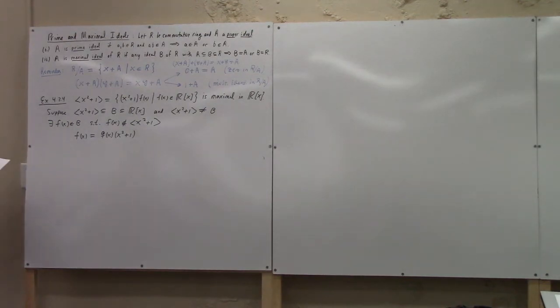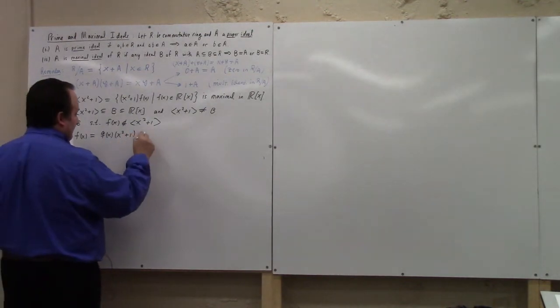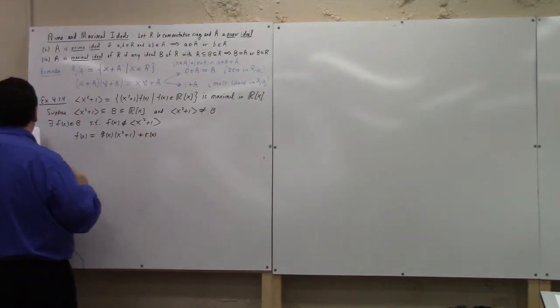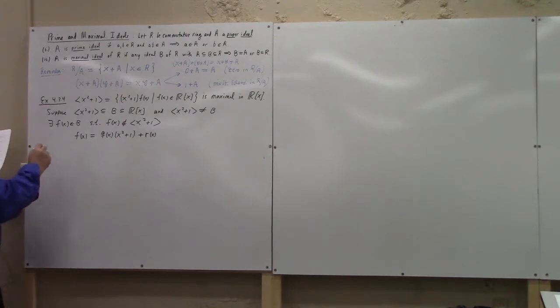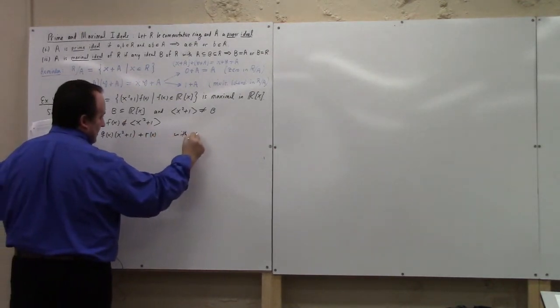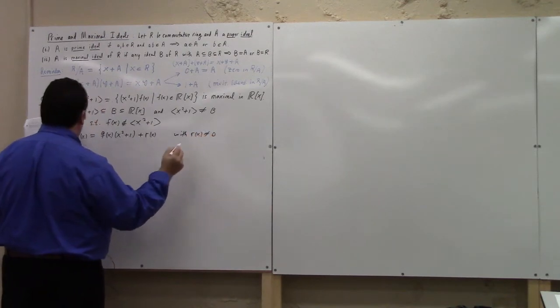So there must be a non-zero remainder, r of x not equal to 0.